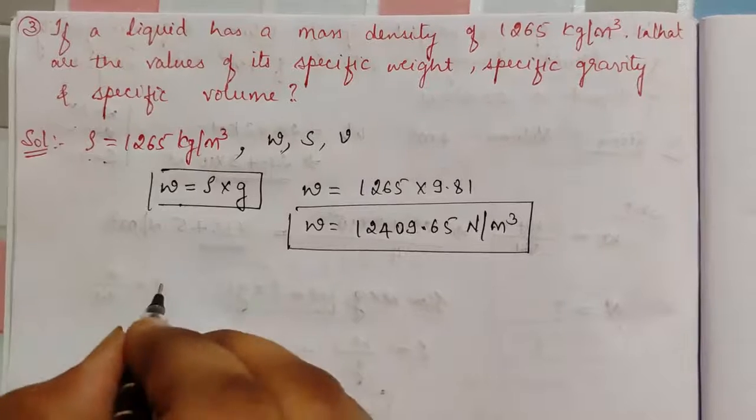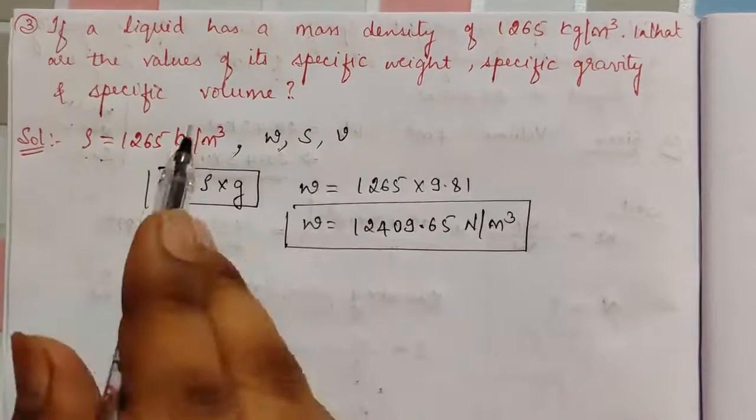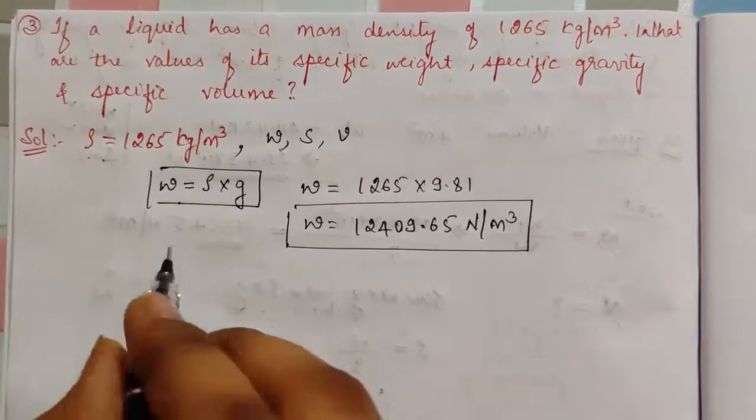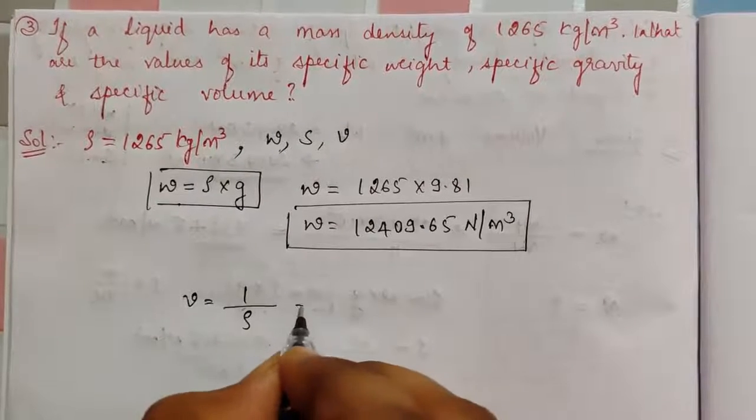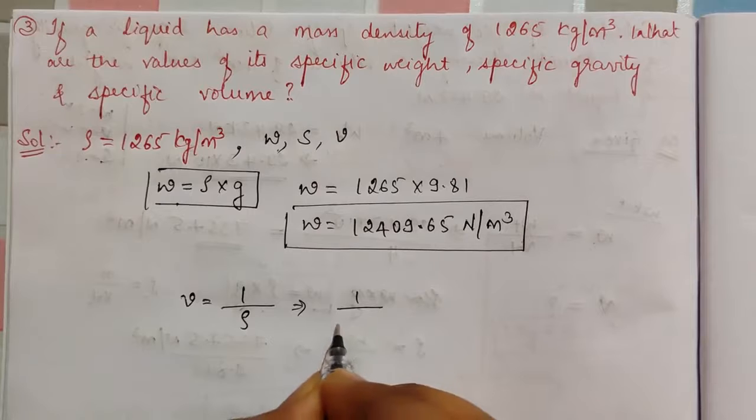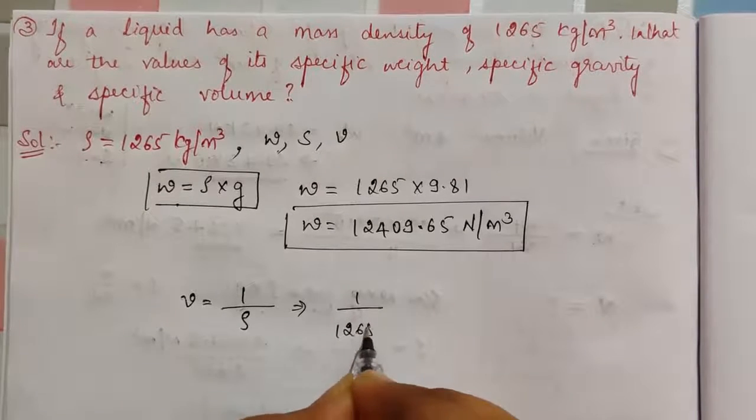Next, specific gravity. But before specific gravity, we'll find the specific volume. So what is the specific volume? Specific volume is nothing but the reciprocal of density. Just divide it by 1.